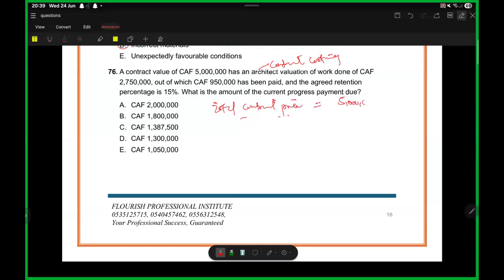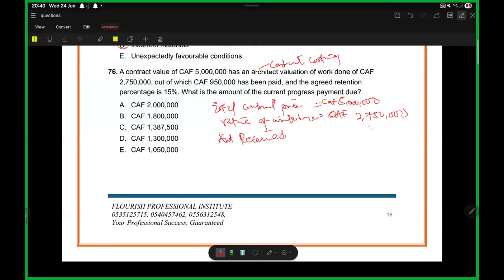Then we are told that the work certified or work done, which has been valued by the architect, the one you have completed, the value of that work done is 2,750,000.